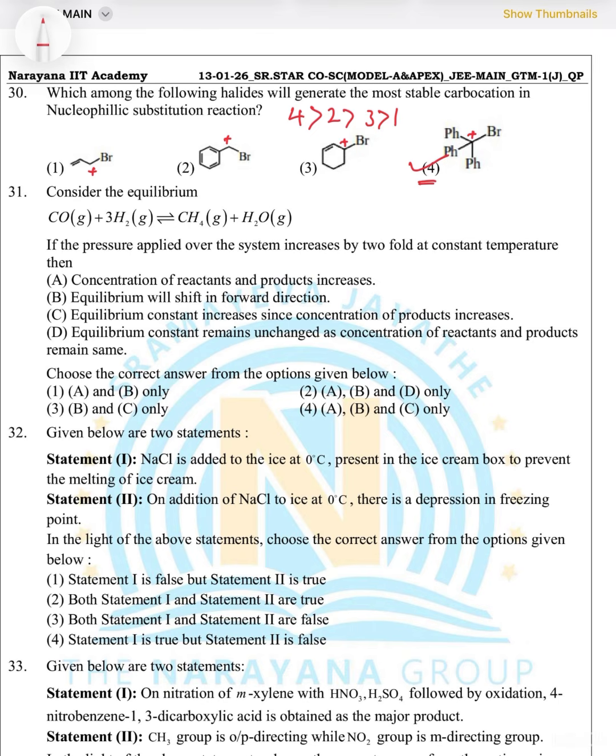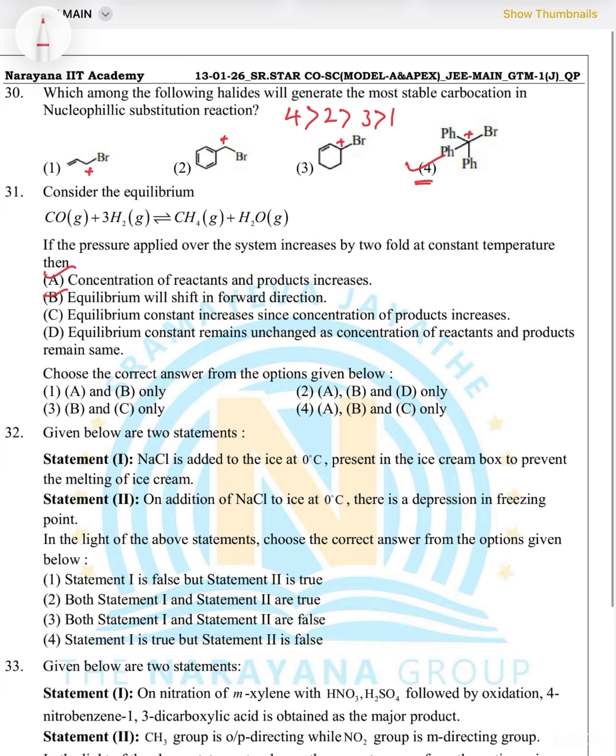Next, CO plus 3H2 gives rise to CH4 plus H2O. All are gases. If the pressure applied over the system increases by twofold at constant temperature, then the concentration of reactants and products increases. Yes, this is a correct statement. Next, equilibrium will shift in the forward direction.